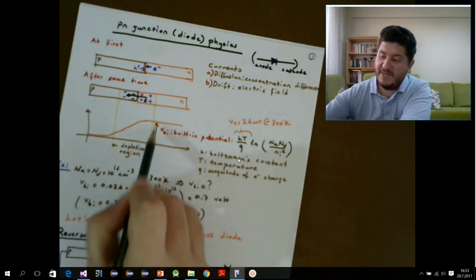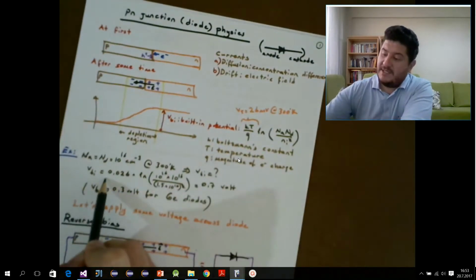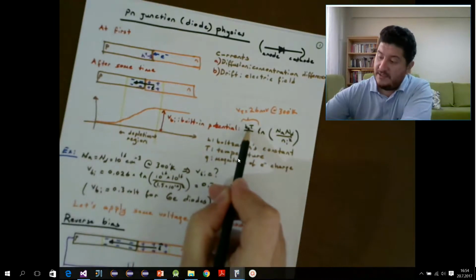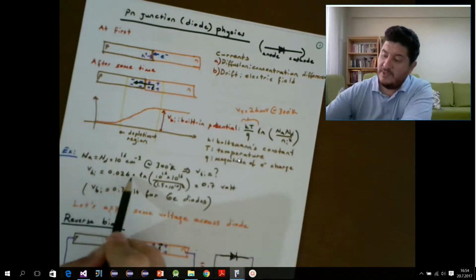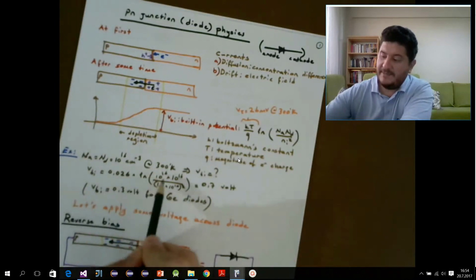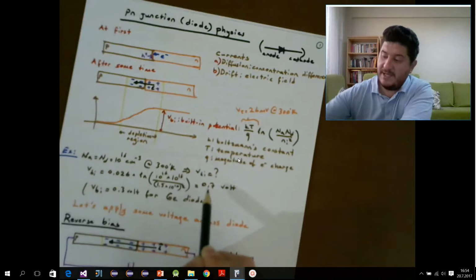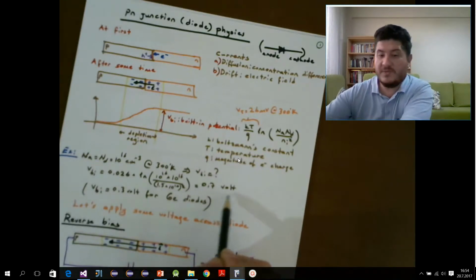What is this barrier over here? VBI is Vt, kT over q, so 26 millivolts. This is in volts here. Times ln of 10 to the 16 times 10 to the 16, over 1.5 times 10 to the 10 squared, and that is equal to roughly 0.7 volts.